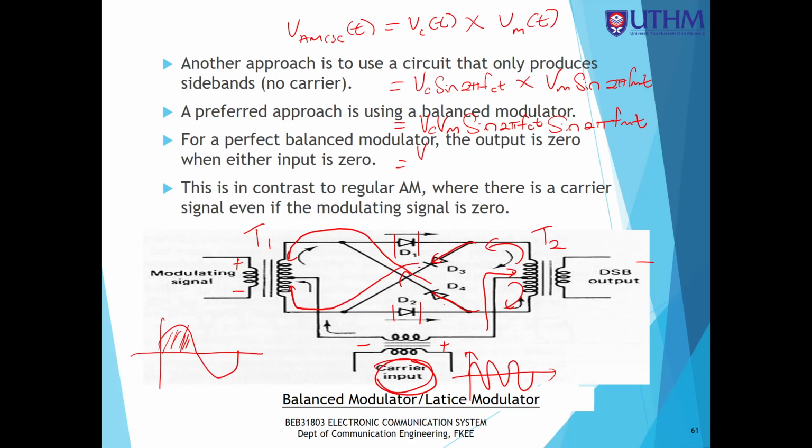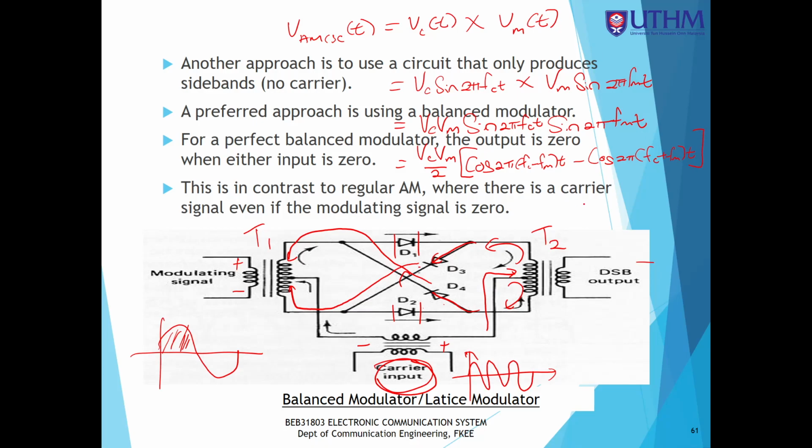This is actually VcVm over 2, because sine and sine will produce cos. So this is cos 2 pi (fc minus fm) t, the lower sideband, minus cos 2 pi (fc plus fm) t, the upper sideband.